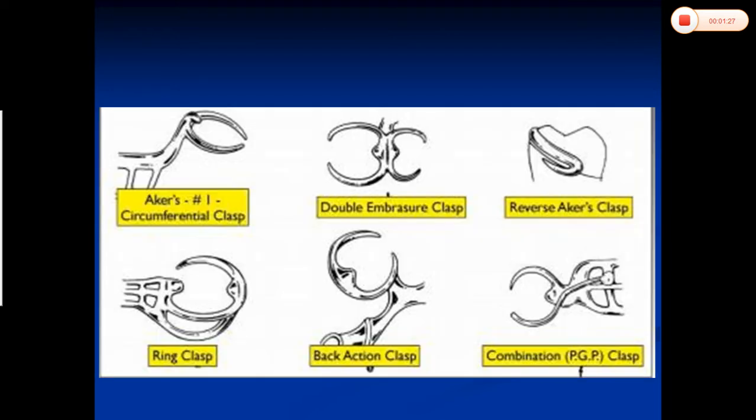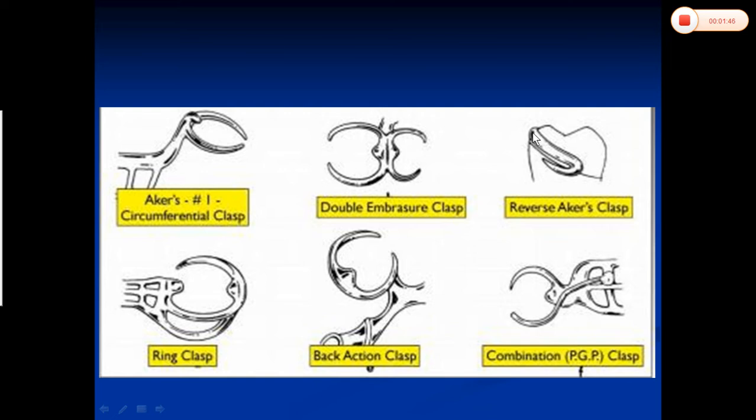See, this is the simple circlet clasp or Akers clasp. This is the embrasure clasp. We will be discussing each clasp in a later section. This is the reverse action clasp.